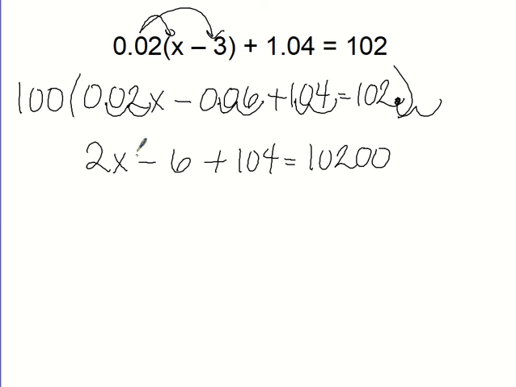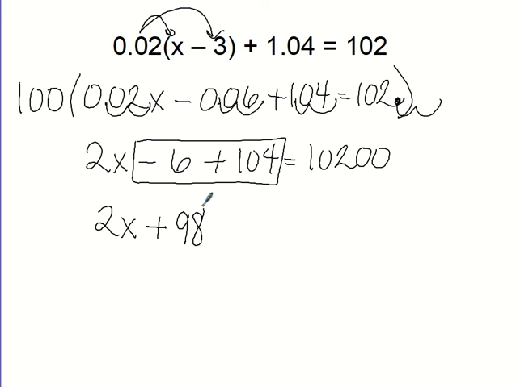So I'm going to first combine these like terms. So I'm going to get 2x plus 98 equals 10,200. Then we're going to subtract that 98 from both sides, because the inverse of adding is subtracting.